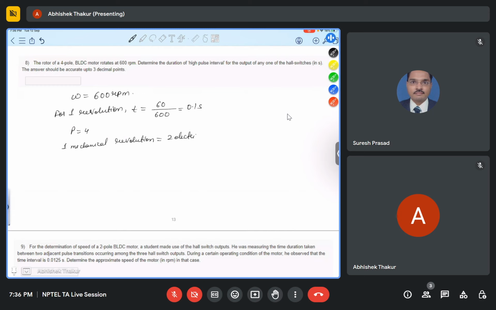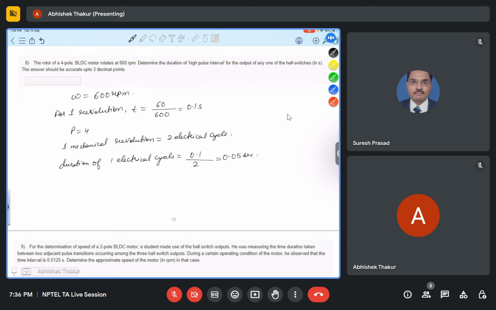So the duration of one electrical cycle is equal to 0.1 divided by 2, that is equal to 0.05 seconds.